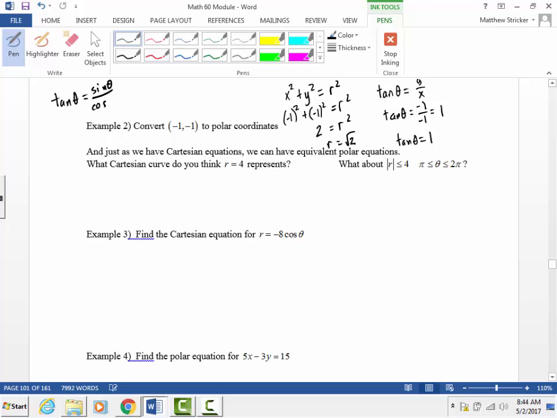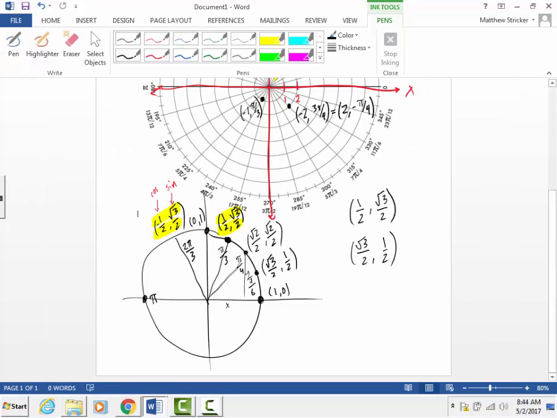So if you go back to our unit circle, which angle is the sine and cosine going to be the same? Pi over 4, right? So at pi over 4, sine and cosine are both the same. So when you take sine over cosine, you get 1. So the angle's got to be pi over 4.